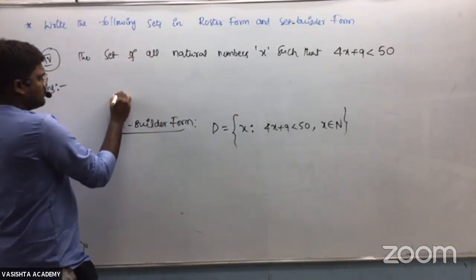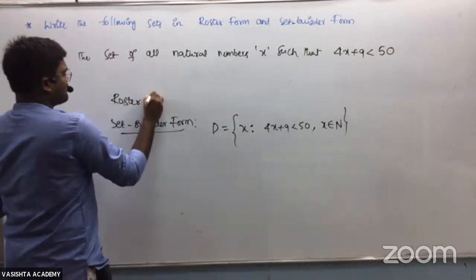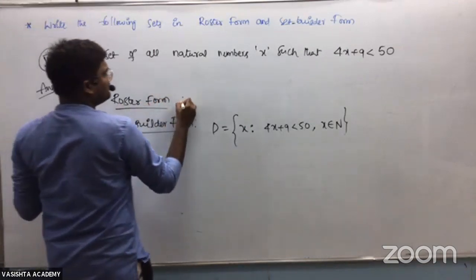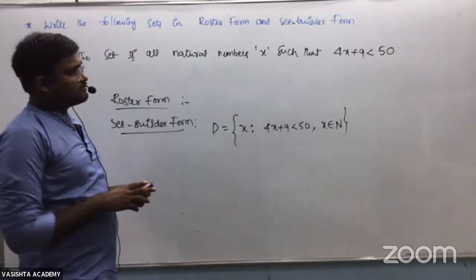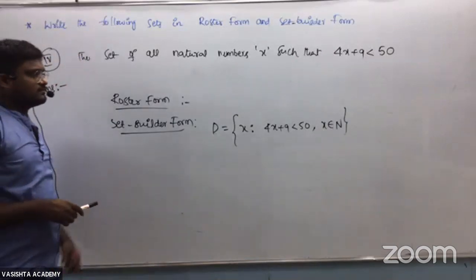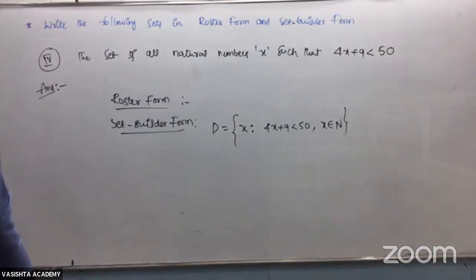Now what about roster form or tabular form? Can somebody tell me the answer? Yeah, correct, 1 to 10. Right. Vishal.